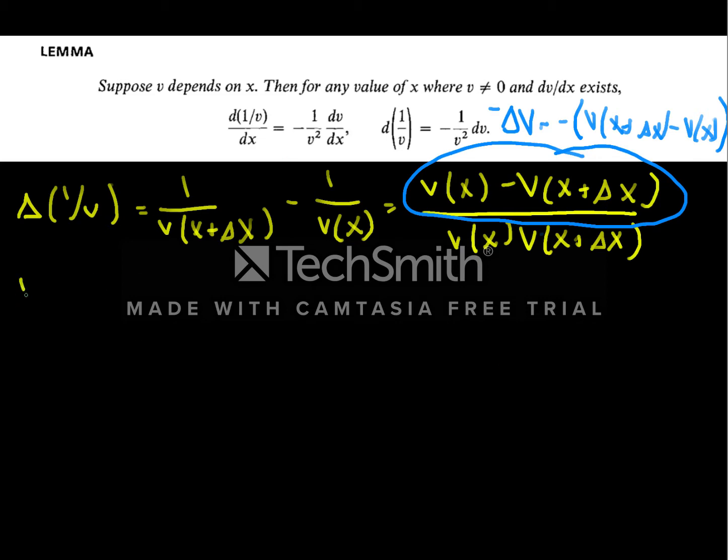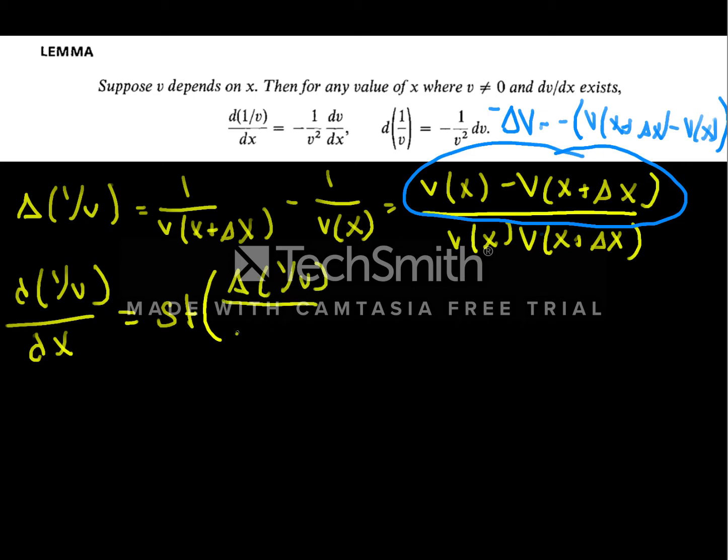So the derivative of 1 over v with respect to x, always going back to first definitions, is the standard part of the change of 1 over v with respect to the change in x, which is the standard part of negative delta v all over v of x times v of x plus delta x.